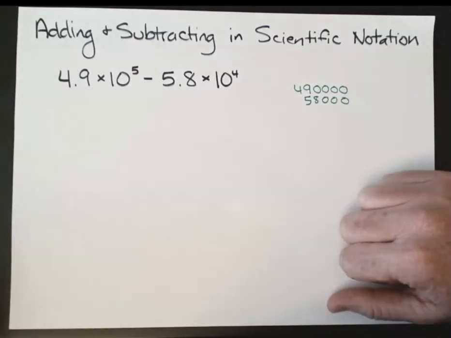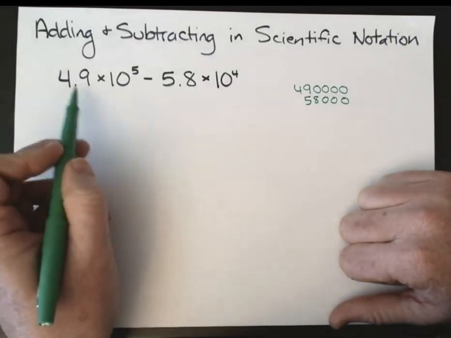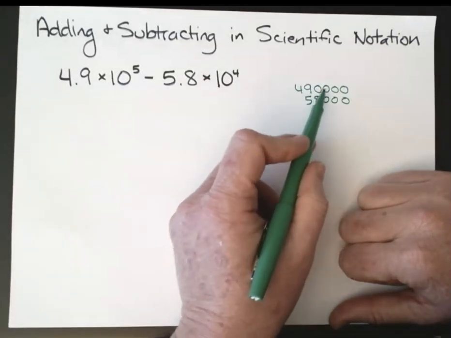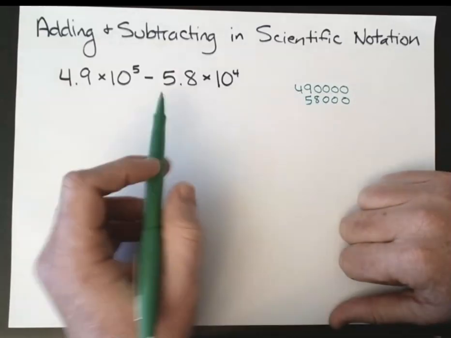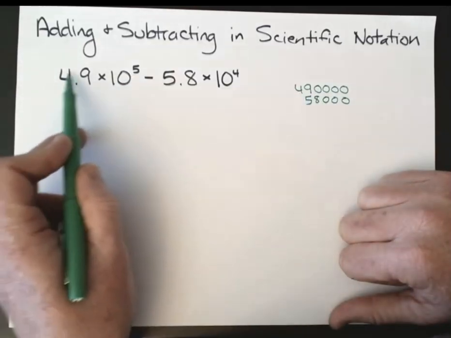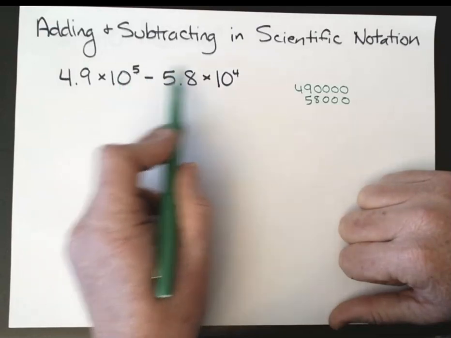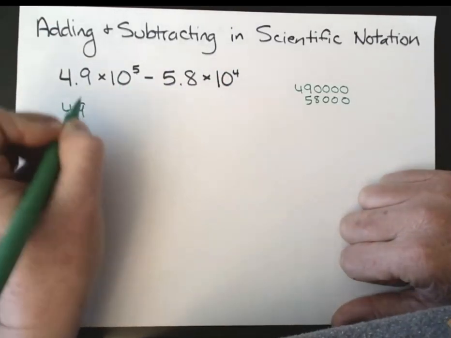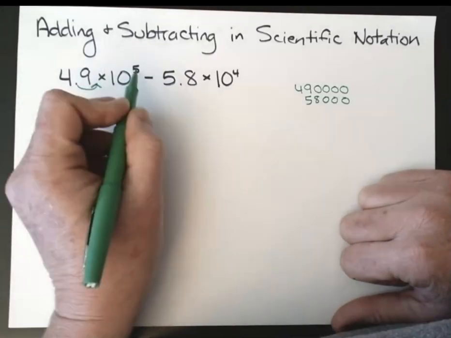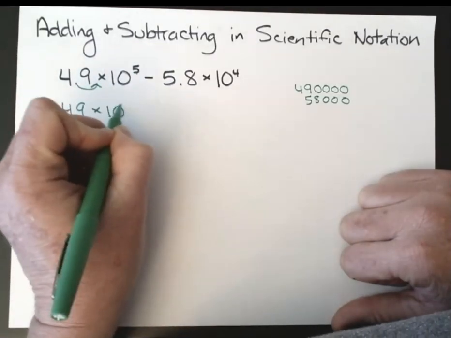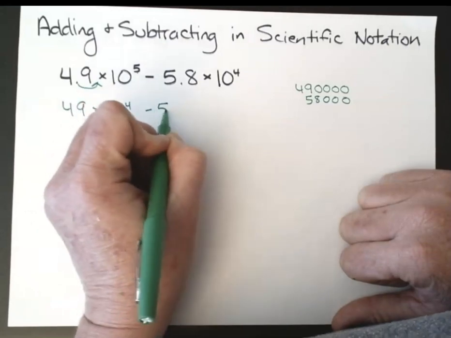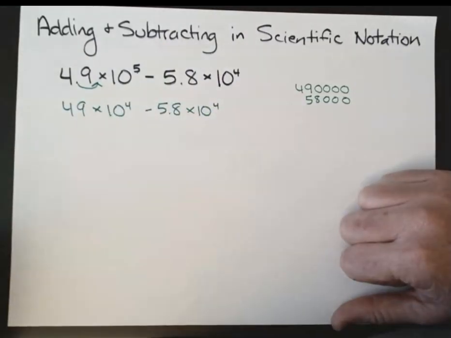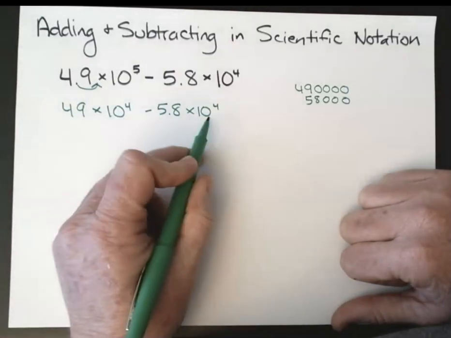They don't line up, so I can't just subtract 4.9 minus 5.8 because they're not in the same place value. So what I need to do is rewrite one of these so that the exponents match. So I'm going to go ahead and turn this into 49, make this bigger. So I'm going to make that smaller. Now they have the same place value.